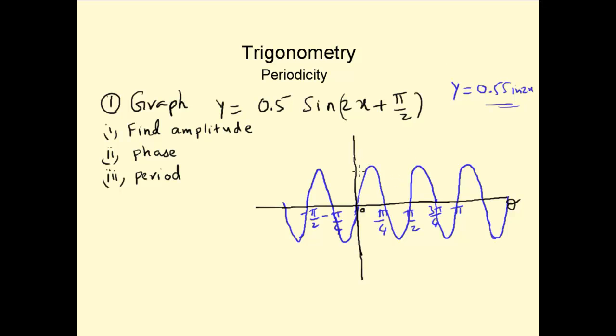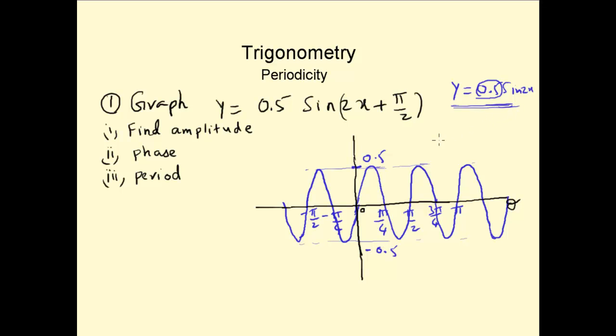And if you check the max value of the whole 0.5 sine 2x function, this would be 0.5, unlike 1 for y is equal to sine x. Since we have 0.5 sine 2x, the max would be 0.5 and the minimum will be minus 0.5. That is the difference you'll have here.